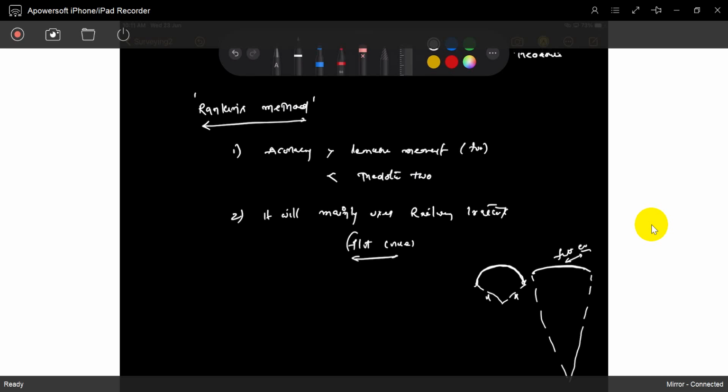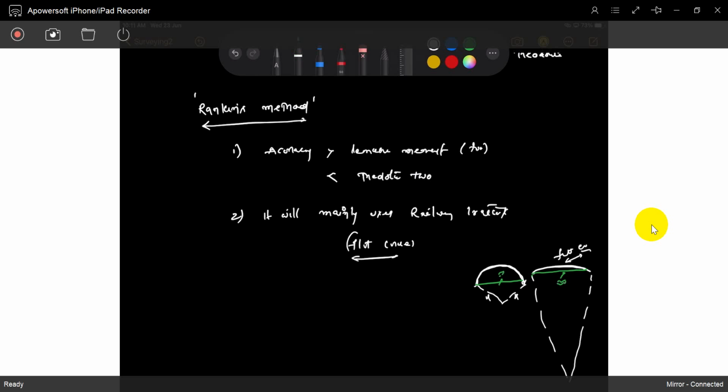In a flat curve, almost the long chord is equal to the length of the curve. In a bulk curve, the long chord is not equal to the length of the curve, so it has a large gap.